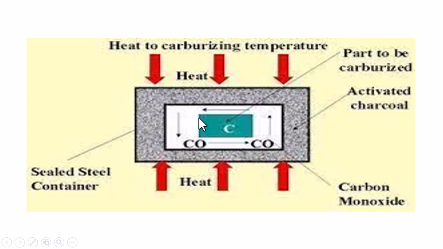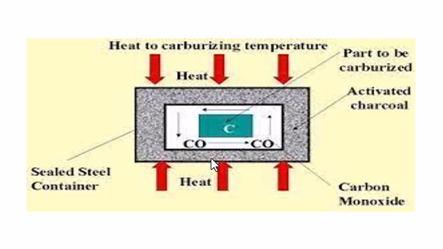Okay, one by one we can move. We heat the material inside the container, so the carbon will be diffused into the surface of the material. The depth is controlled by the temperature, the time, etc. Under the heated condition, carbon diffuses into the component surface. That is the carburizing process.